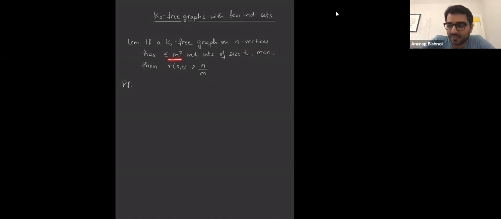So it's bounded from above by m to the power of t, where m is some number smaller than n. Then the Ramsey number R(s, t) is strictly bigger than n divided by m. Very simple looking, a really beautiful lemma.